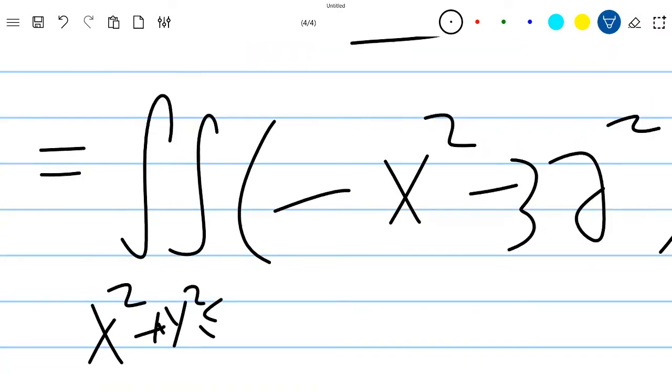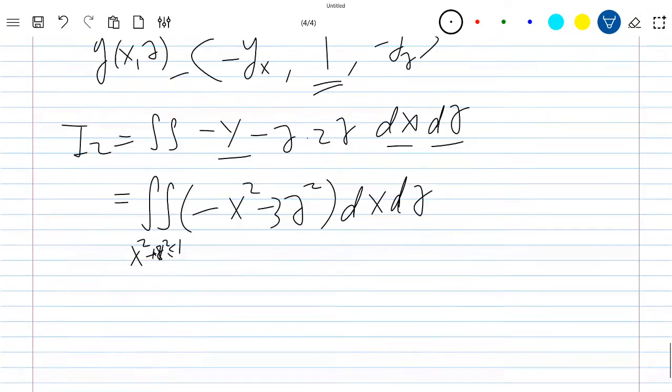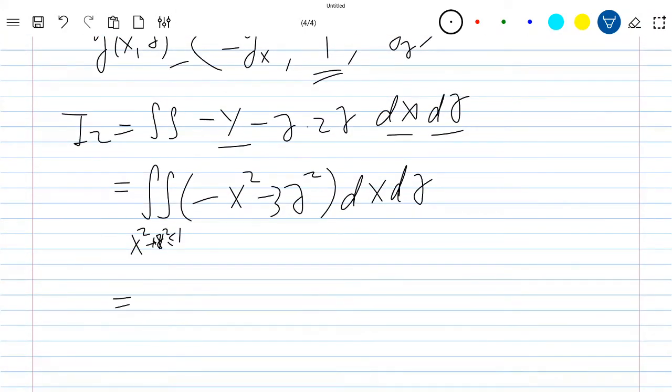Disk. Since it's a circle, let's switch to polar coordinates. But remember, now polar means in xz, not xy. So we have r dr d theta, and then the negative sign. Then x squared plus 3z squared.